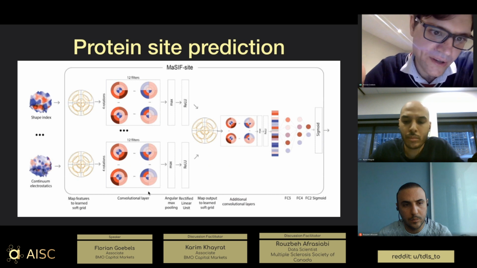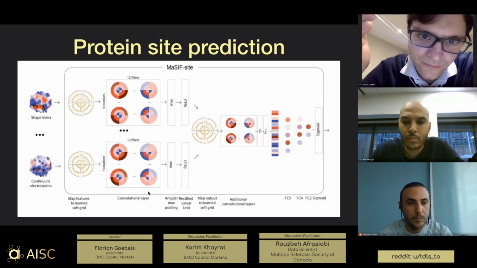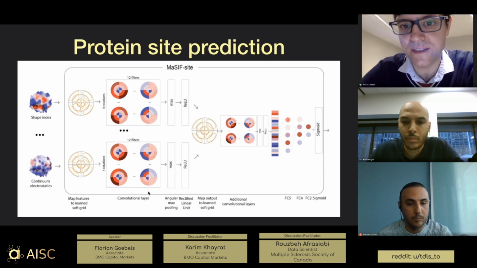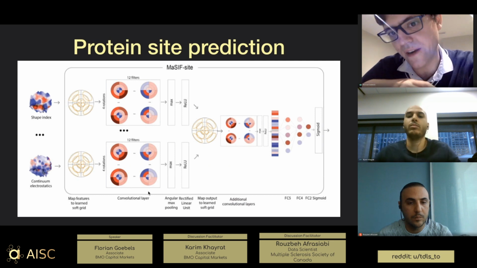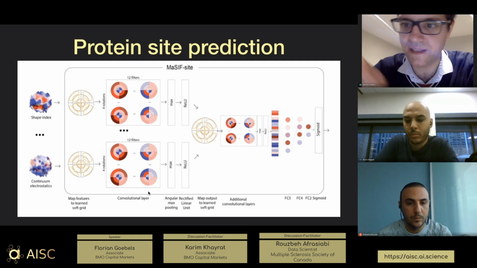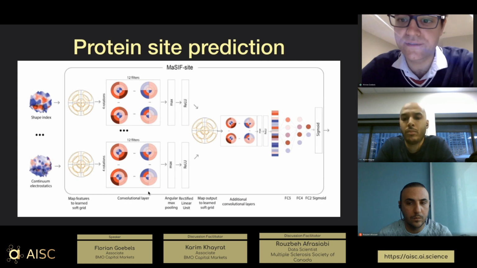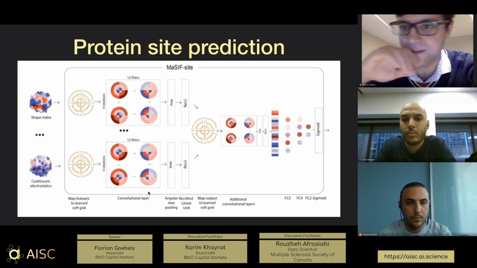You do your convolution with your 12 filters and 4 rotations. You do your maximum over all the rotations. You do your rectified linear unit, and then you get your updated features for every node. And then for every node, they do the same convolution layer again, and then create the fingerprint, and then they do 3 fully connected layers. At the end, you have 2 output layers, which is like interact, non-interact, and then they do a sigmoid.